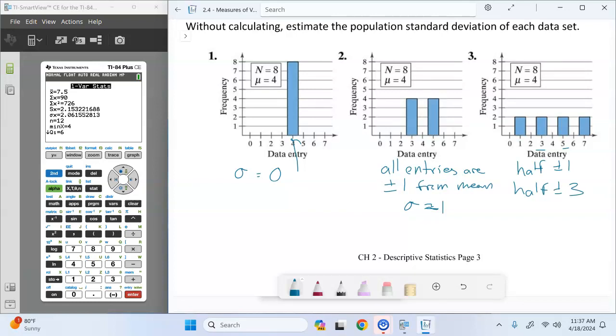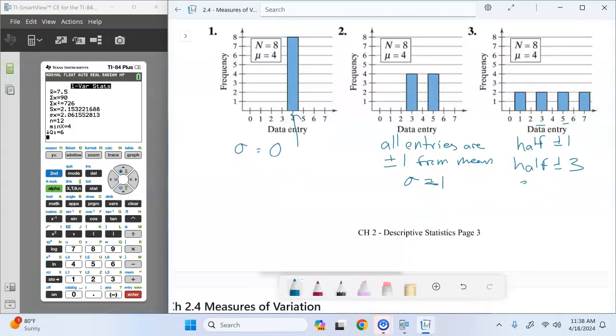So my standard deviation is talking about all of it. On average, how far does my data deviate from my mean? Half of it is 3. We want to meet somewhere in the middle, more or less. What's the midpoint of 1 and 3? 2. So our standard deviation is probably going to be around 2.